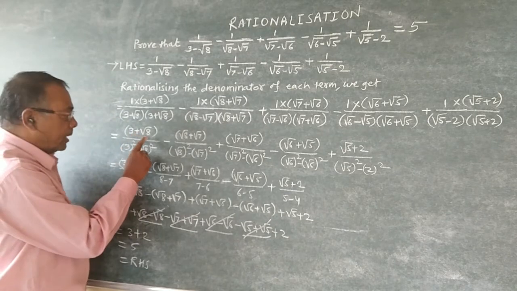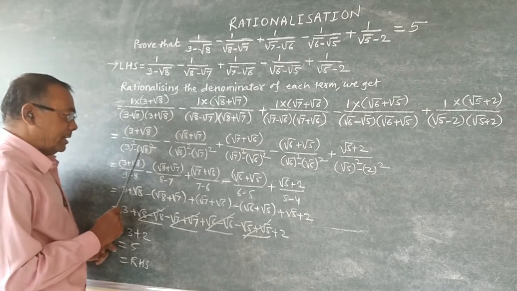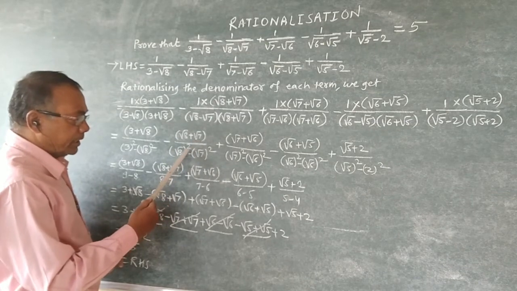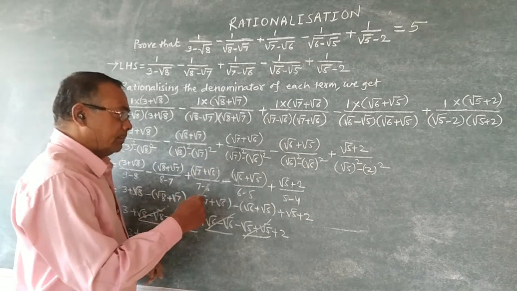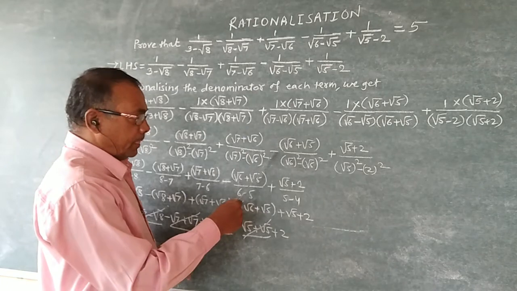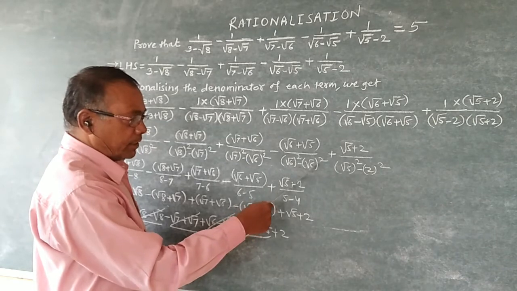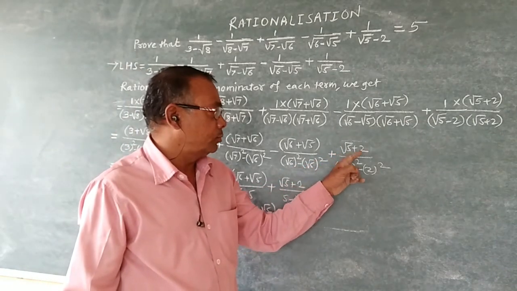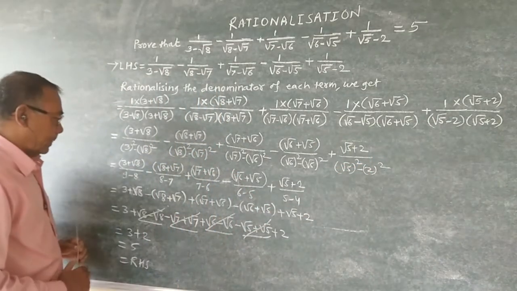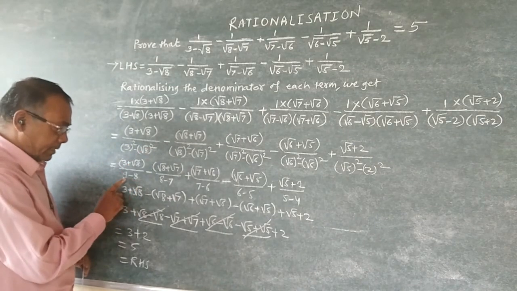So here 3 plus root 8 divided by, as the conjugate pair is there, we will get 3 square minus root 8 square, minus root 8 plus root 7 divided by root 8 square minus root 7 square, plus root 7 plus root 6 upon root 7 square minus root 6 square, minus root 6 plus root 5 divided by root 6 square minus root 5 square, and plus root 5 plus 2 divided by root 5 square minus 2 square. So here 3 square is 9 minus root 8 square is 8.